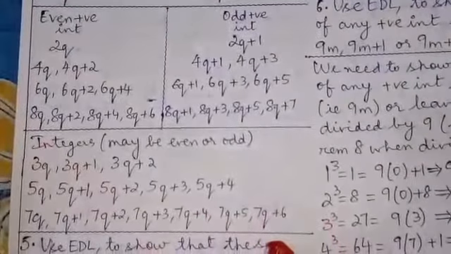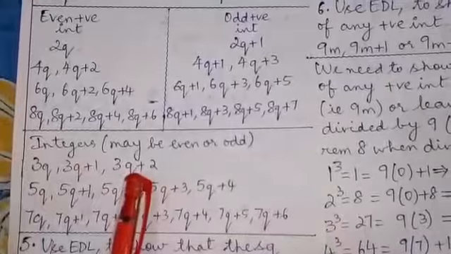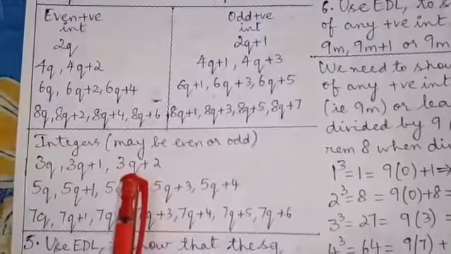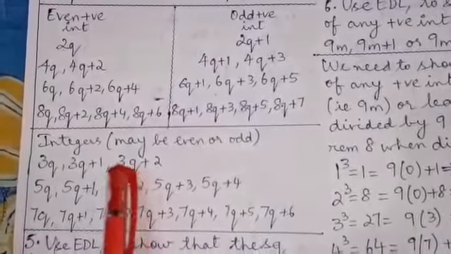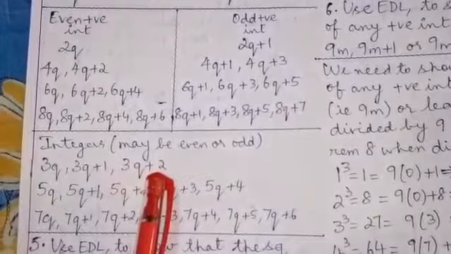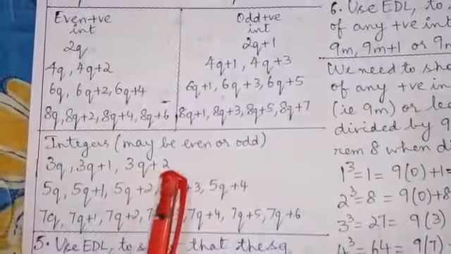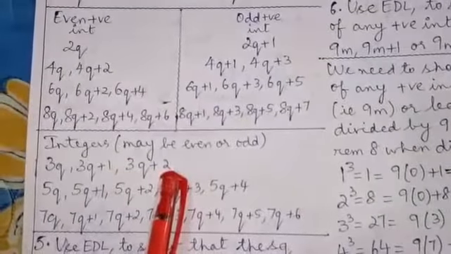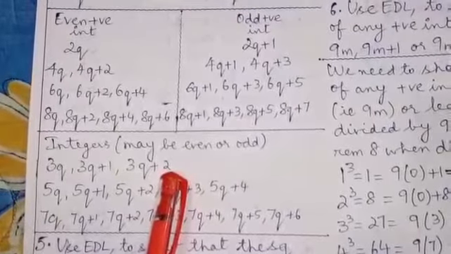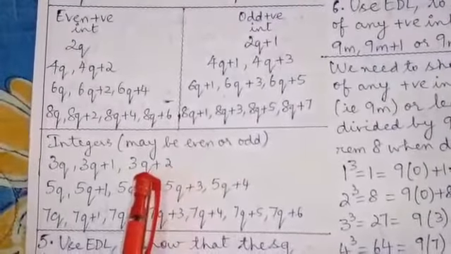These expressions here. Now let's check with 3q plus 2. When q is, say, 0, 3 into 0 is 0, plus 2 is 2. So now 3q plus 2 represents an even positive integer.